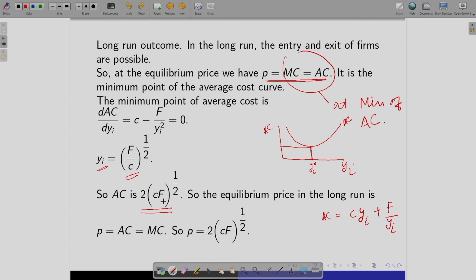Plug in here, we get this amount, and price is equal to average cost is equal to marginal cost. So, price is equal to this. So, in the long run the equilibrium market price is this, that is the minimum of the average cost, this much amount.